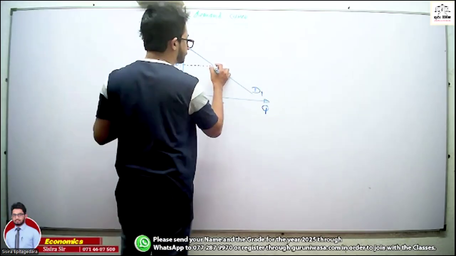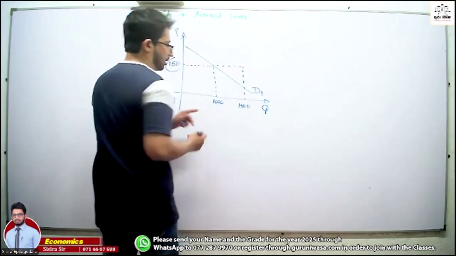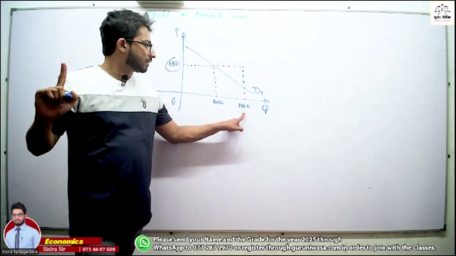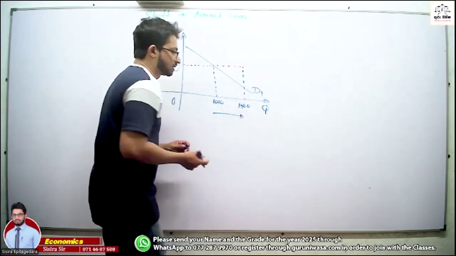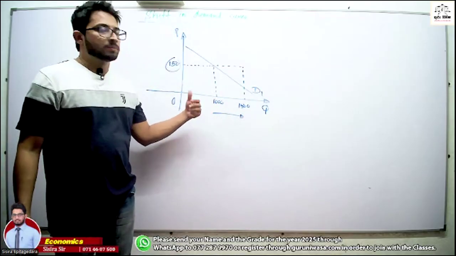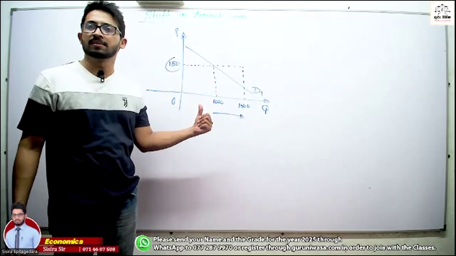Here demand has increased to 1,500 units. Who made this change? What is the reason behind this?